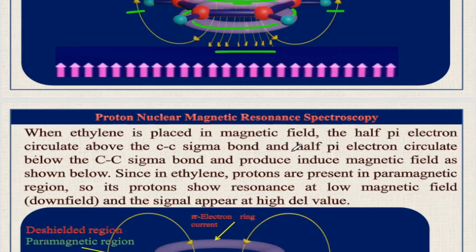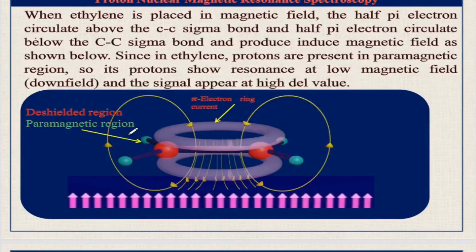Now we take another example, alkene, ethylene. Here in ethylene, this is the carbon-carbon sigma bond. Half of the pi electrons circulate above the sigma bond, and half circulate below it, so a ring current is formed. In this case also the proton is present in the paramagnetic region.